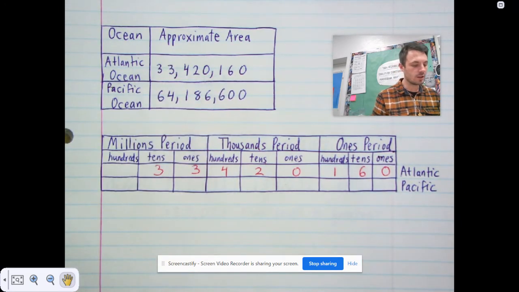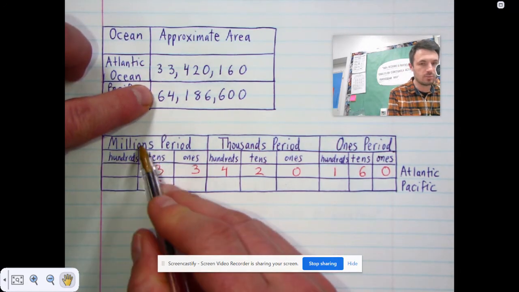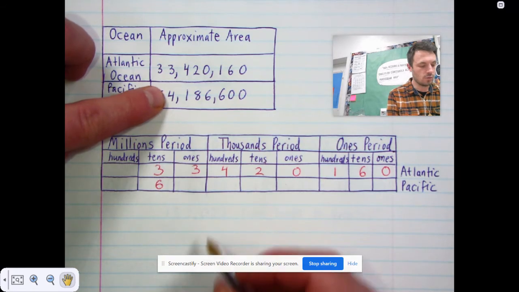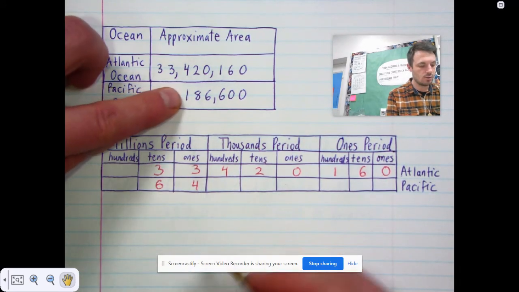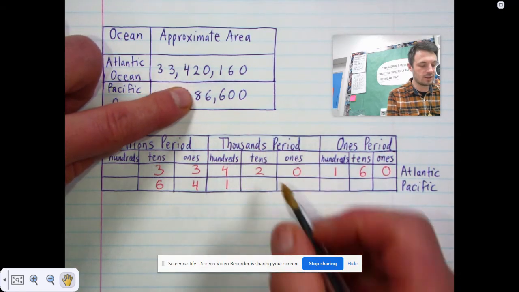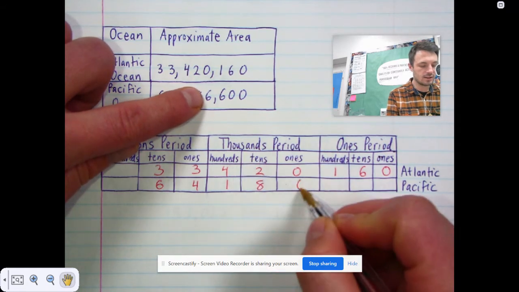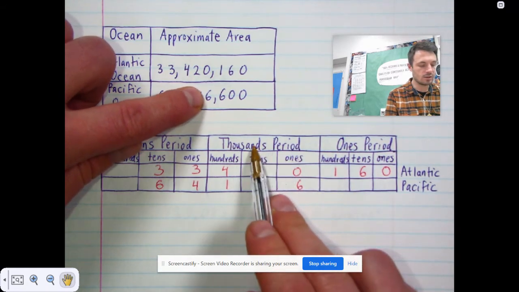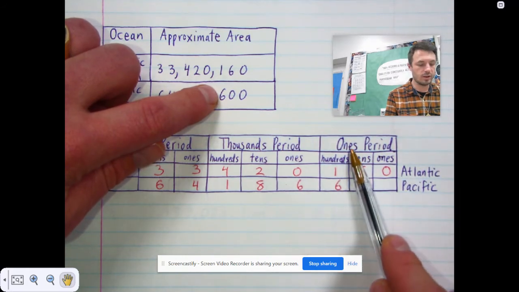And then moving on to the Pacific Ocean, we have a 6 in the 10 millions place, a 4 in the 1 millions place. We have a 1 in the 100,000s place, an 8 in the 10,000s place, a 6 in the 1,000s place. We have another 6 in the hundreds place within the ones period.